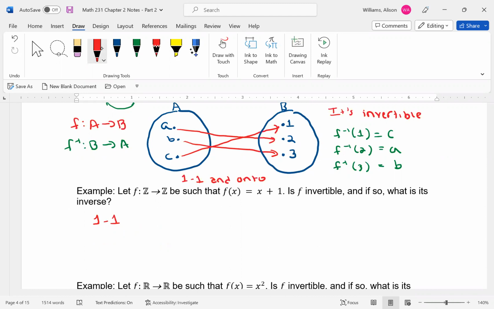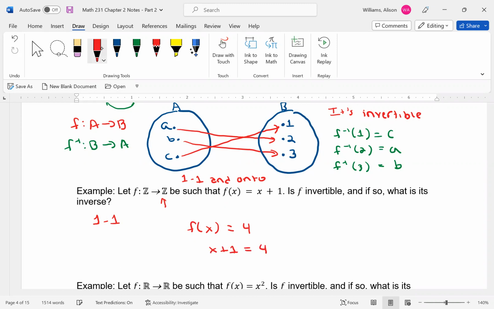Now, is it onto? That's the question. Do all of the elements in the codomain, the Z, have something that maps to them? So here's the idea. If I pick an integer, could I figure out what equals it? So if I pick some random integer, let's call it 4, can I figure out what x has to be? Well, the answer is yes, because I can solve this equation.